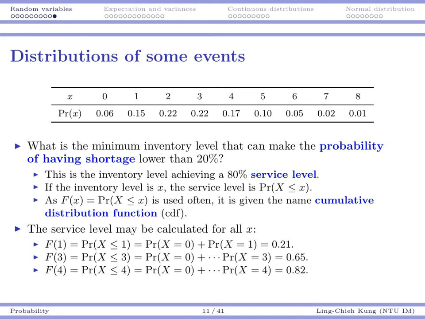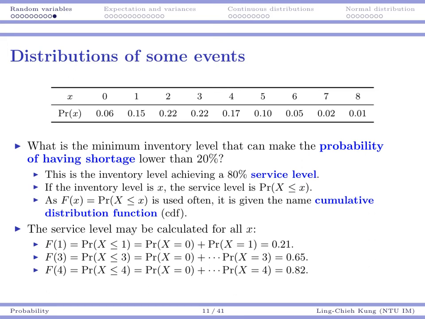So I hope that my service level can be high, and if I have more inventory, that's going to increase my service level. But given a target, I don't want to store too much. So if I want 80% service level, what should I do?